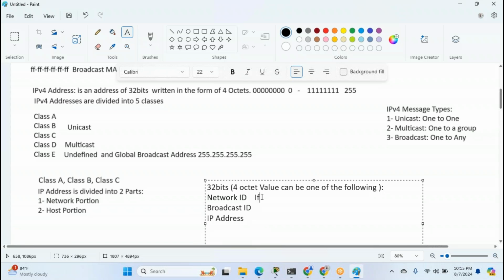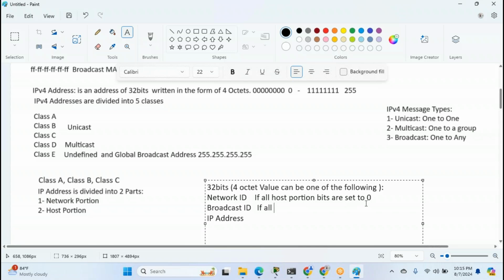Network ID: if all host portion bits are set to 0, that address is called the network ID.